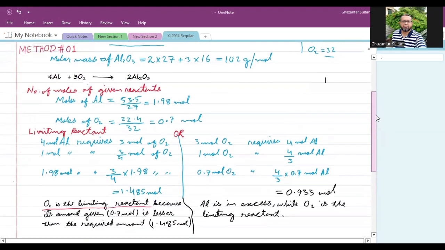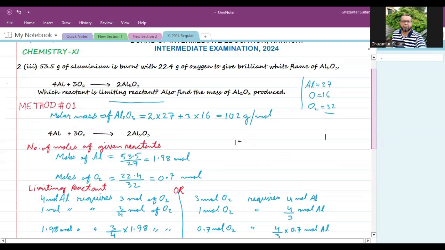But we have another method for solving such questions. Although in my view, only method 1 is correct, and only method 1 should be the choice. But some teachers and instructors also solve this numerical in other ways. For example, see in method 2, these are the same steps.